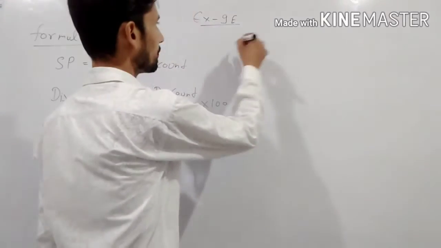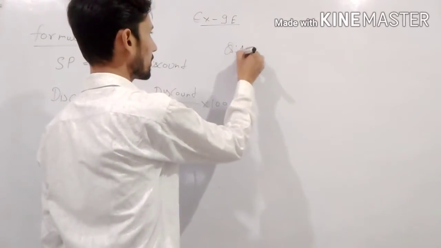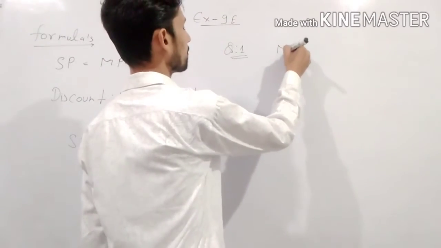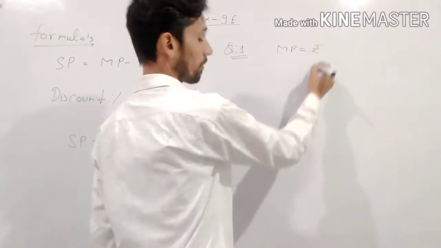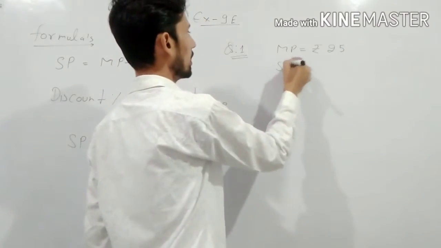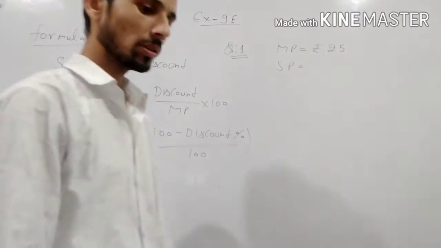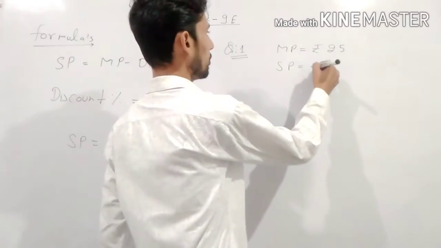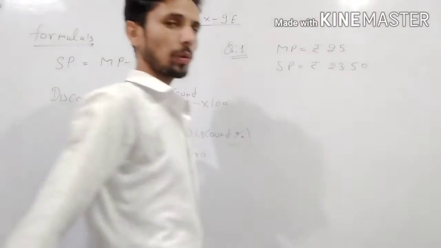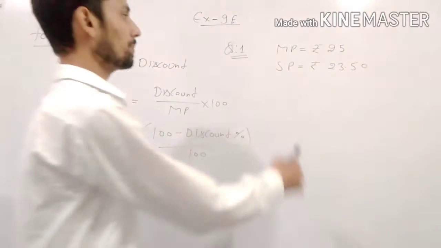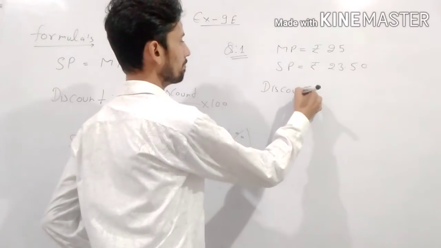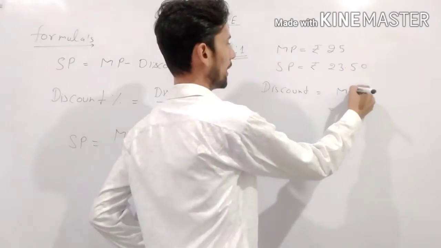So first of all, first question is this. MP is 25 rupees and SP is 23 rupees 50 paise. So first of all we will find the discount. Discount is equal to MP minus SP.